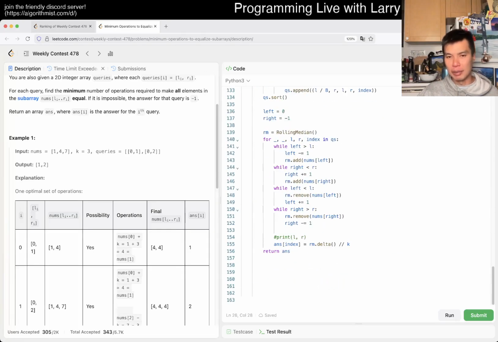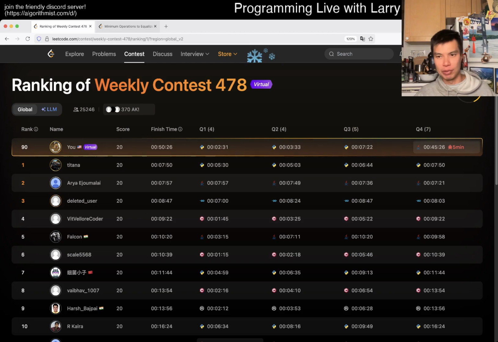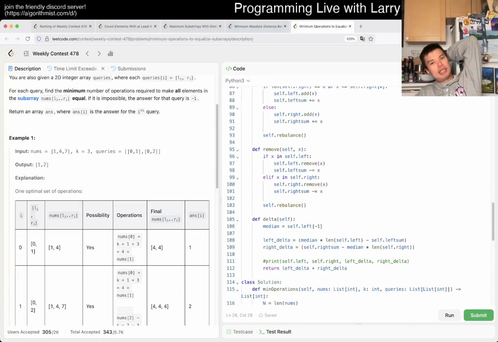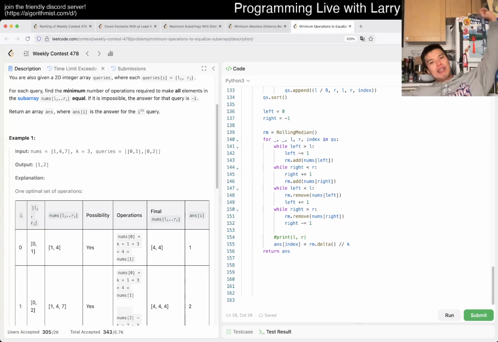Let's do a full retro because I don't remember the other problems anymore. But the idea is just that I knew I needed to get the median, and that's just from problem solving. I'm not going to go into that, not meant to be a full thing.